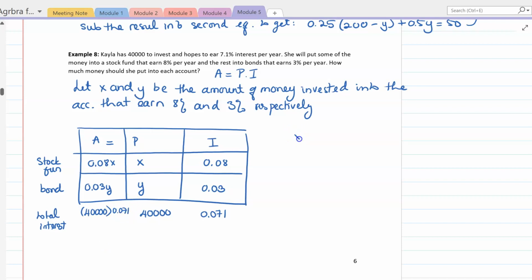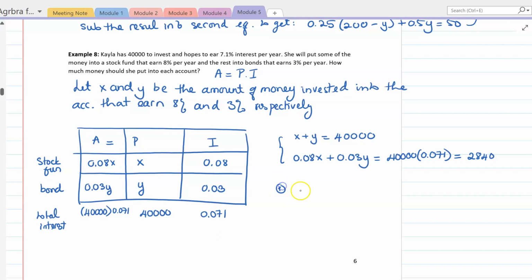So here we have two equations. x plus y equals 40,000. 0.08x plus 0.03y is equal to 40,000 times 0.071, and that is 2,840. I will solve this equation using substitution.